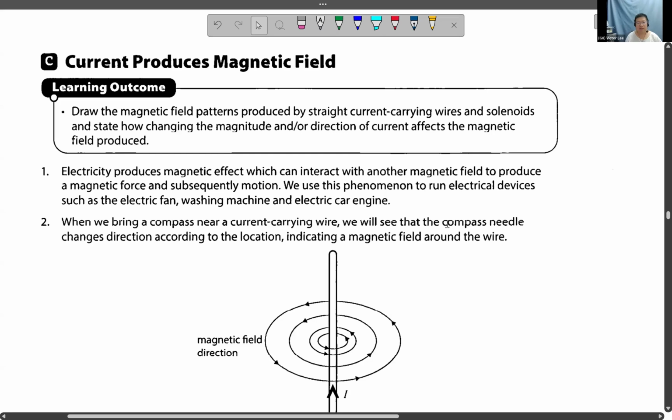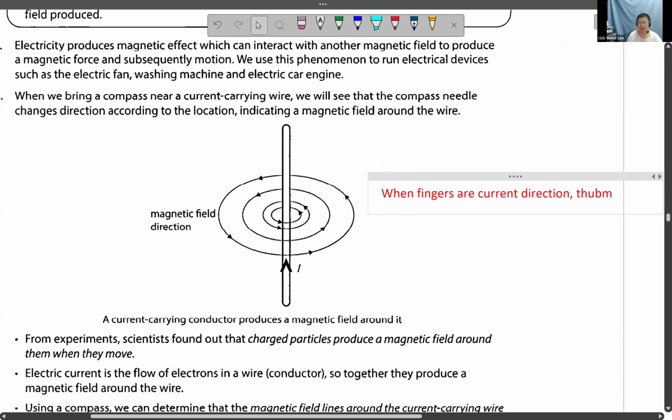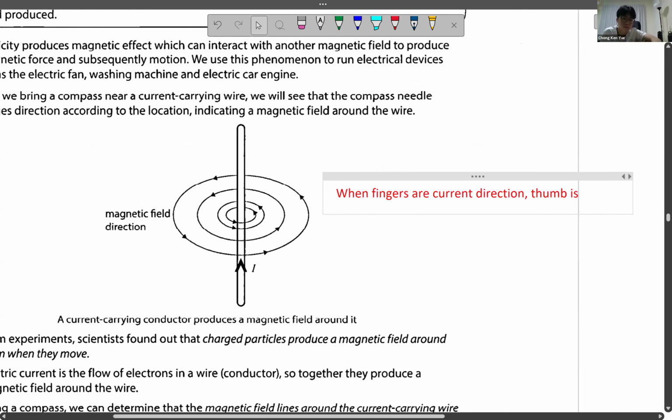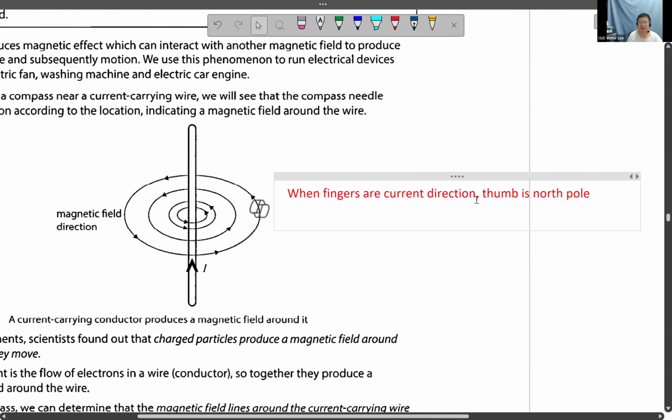Okay? So this is the right-hand grip rule. So when the fingers are the current direction, the thumb is the north pole. So this is the first case.